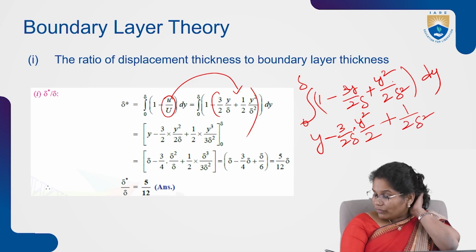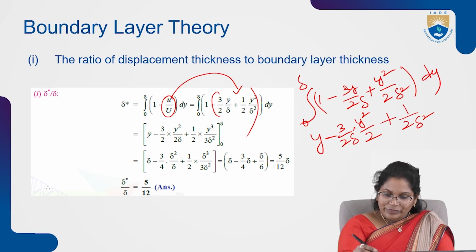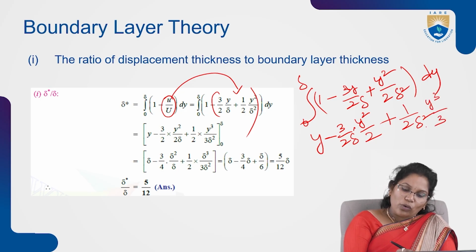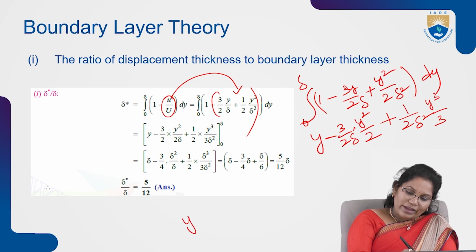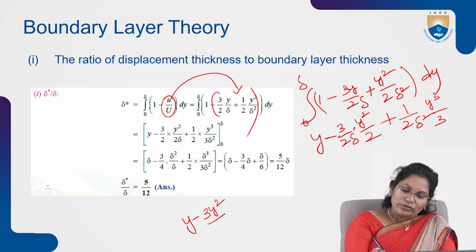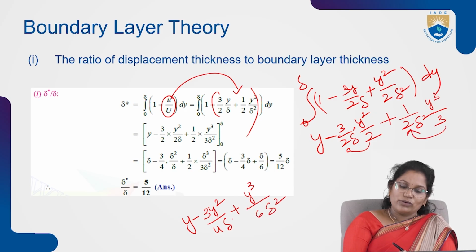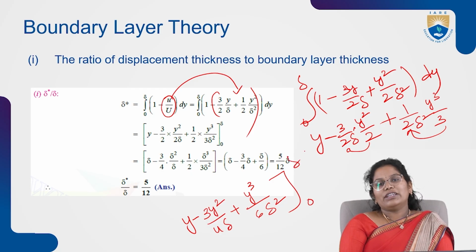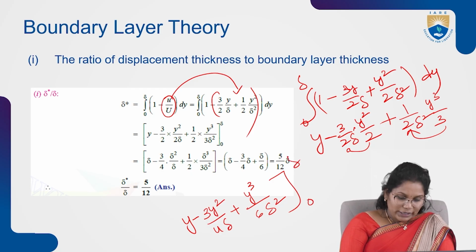You integrate y square with respect to y, so that will become y cube by 3. So overall y minus 3y square by 4 delta plus y cube by 6 delta square. This is what you got with the limits of 0 to delta.